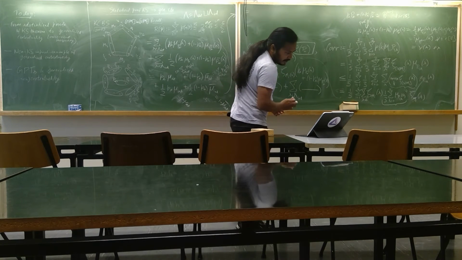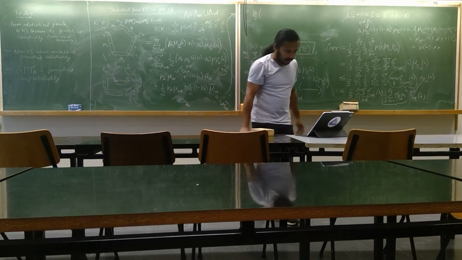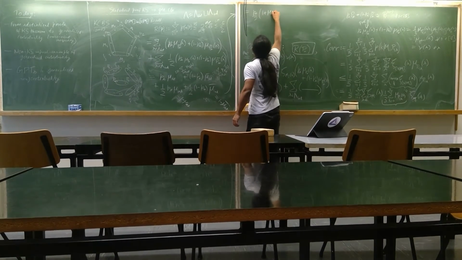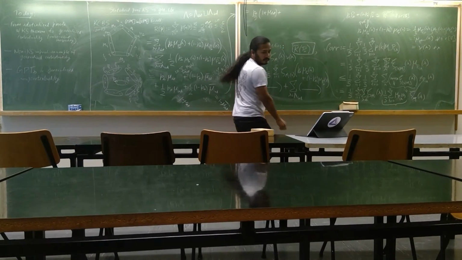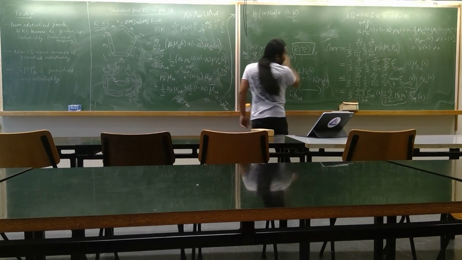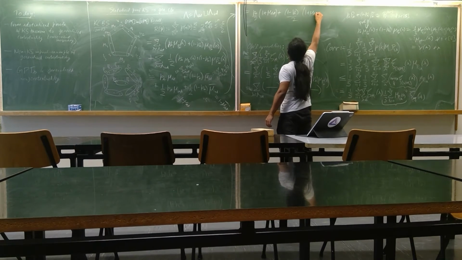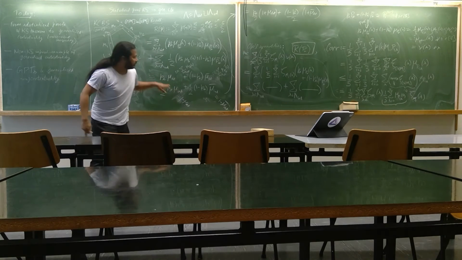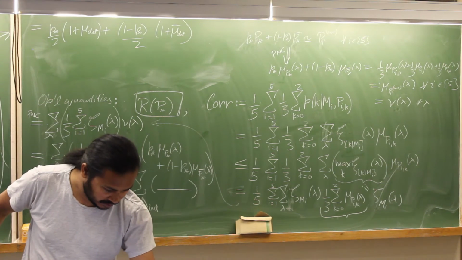You can express this as P star over 2 times 1 plus mu deterministic, plus 1 minus P star over 2 times 1 plus mu bar deterministic. This just comes from using these relations and simplifying this thing. I'm not doing it step by step, but it's just one additional line.